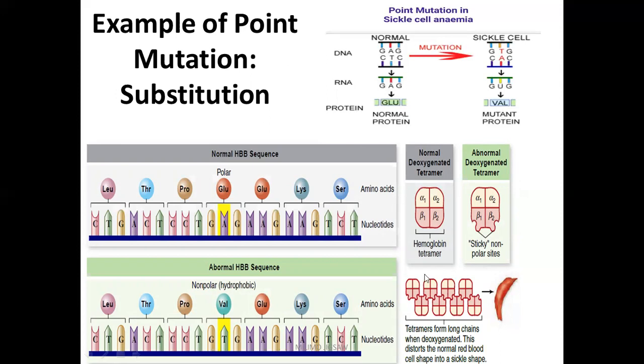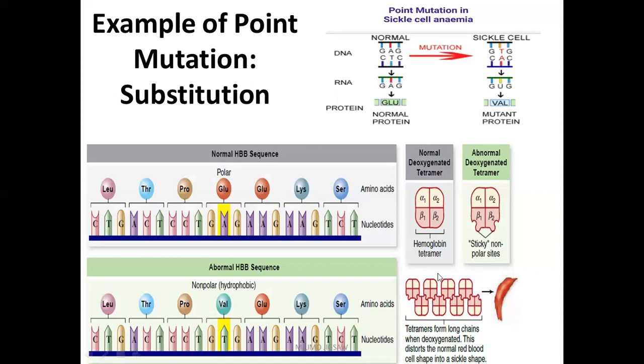So as mentioned, the hemoglobin contains a tetramer of 2 alpha globin and 2 beta globin chains. So the sickle cell allele for the beta globin gene contains a single base change, resulting in the substitution of valine for glutamic acid. This creates a hydrophobic region on the surface of the protein.